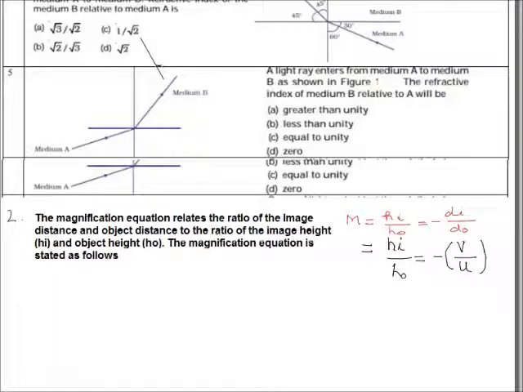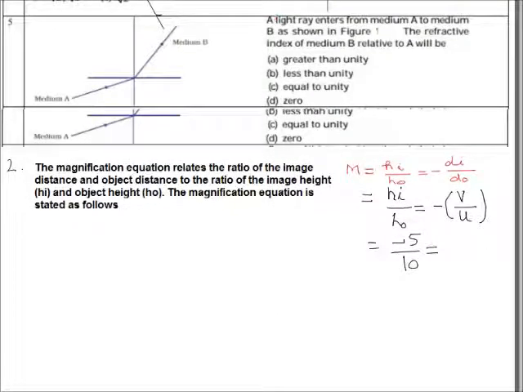So if you see here, what is given to us is hi is given. It comes out to be, we solve this now, minus 5 divided by 10.